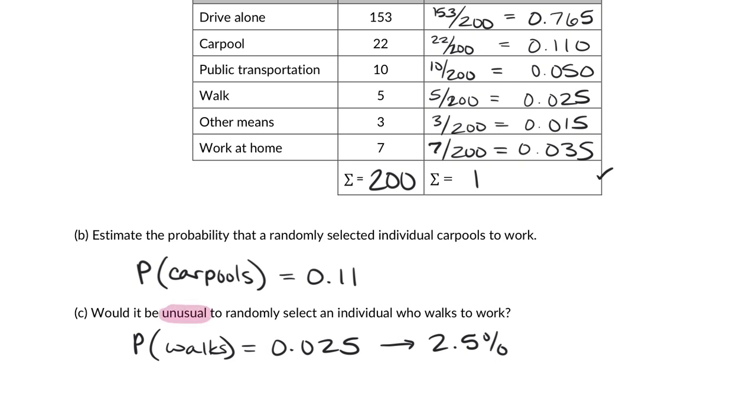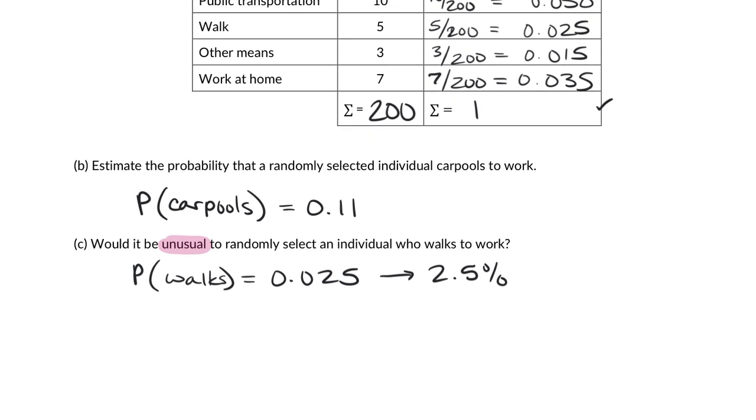What did I tell you to use to clarify if something is unusual? 5%. So is 2.5% less than 5%? Yes. So that means that yes, this is unusual because 2.5% is less than 5%. So we are officially considering it unusual that somebody walks to work.